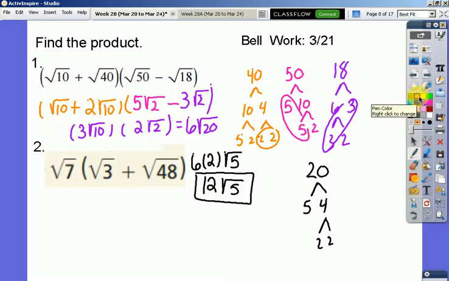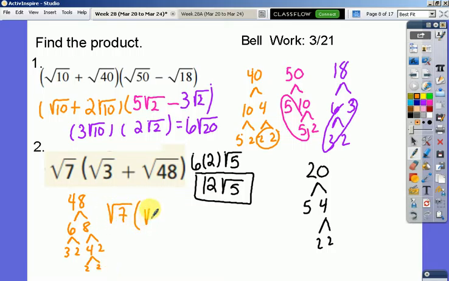Okay, so for 48, we're going to break that down. We can't break it down by 3. So that's 6 and 8, 3 and 2, 4 and 2, 2 and 2. So I have square root 7, parentheses, square root 3, plus, okay, what do I have when I simplify that? 4 square root 3.